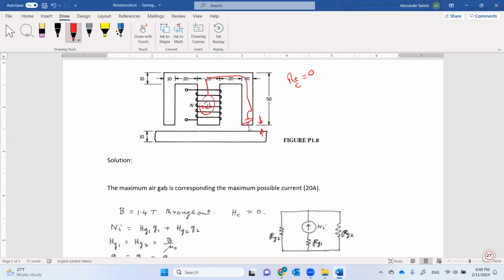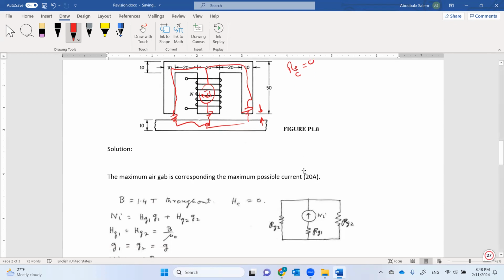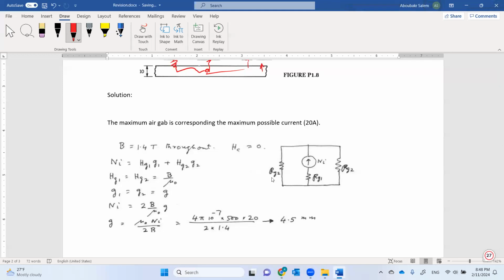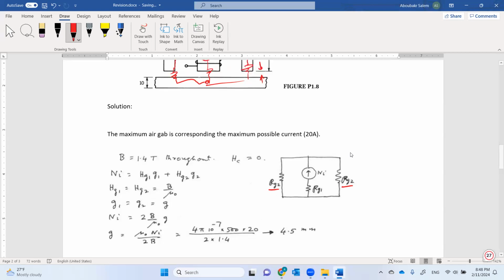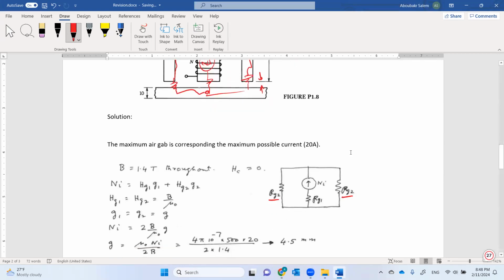Here we have one reluctance of the air gap, here another reluctance of the air gap, and a third reluctance of the air gap. So this is our magnetic circuit now. As you can see, this is Rg2, which is equal to Rg2 on the right and left of our core. And in the middle here, we have Rg1, okay?